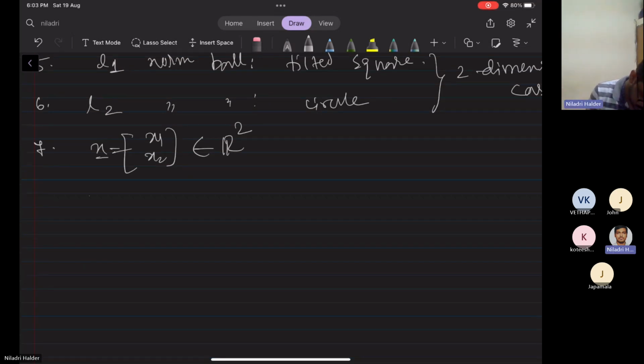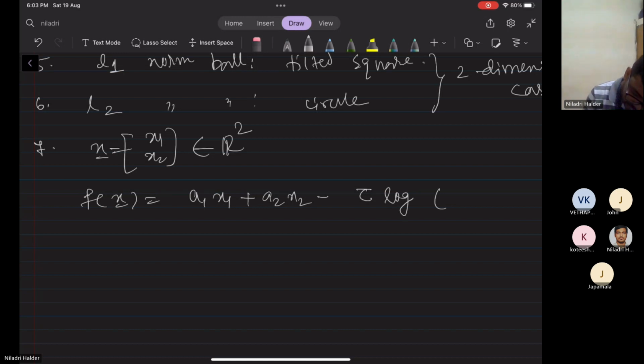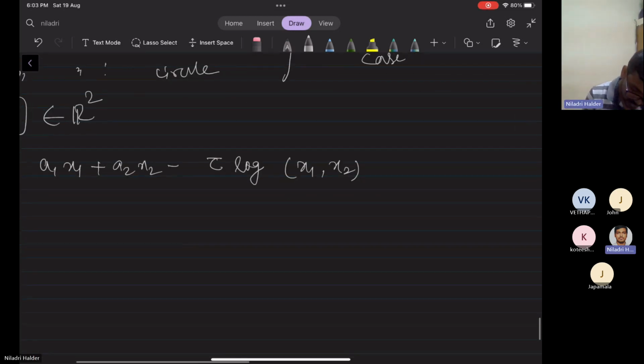The function is defined like this: f(x) equals a1 x1 plus a2 x2 minus tau log of x1 x2. So is this a convex function or not?